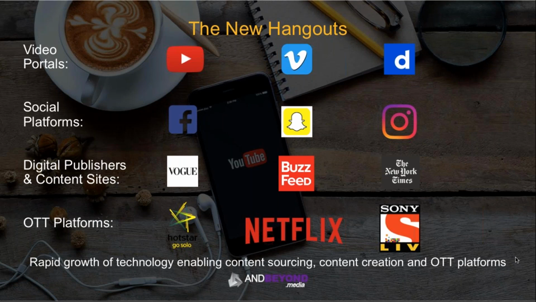There's so much growth in technology that's enabling content sourcing, content creation, and OTT platforms. So OTT platforms have actually propelled the growth of how people consume media, video, and content. Apart from the traditional days where the TV was the only place, today people are consuming all this across devices like tablets, smartphones, even on the go.